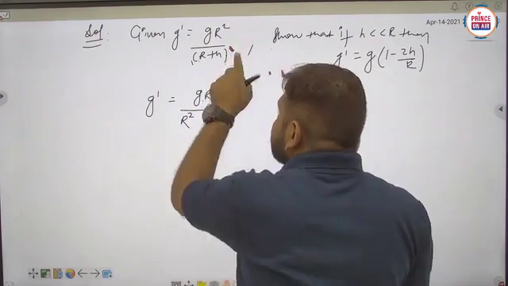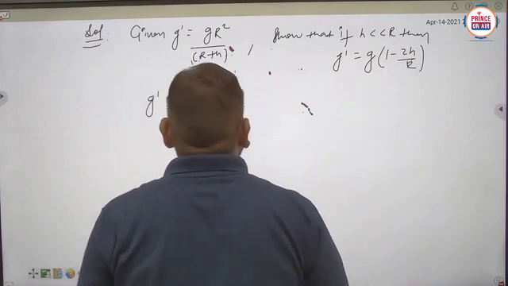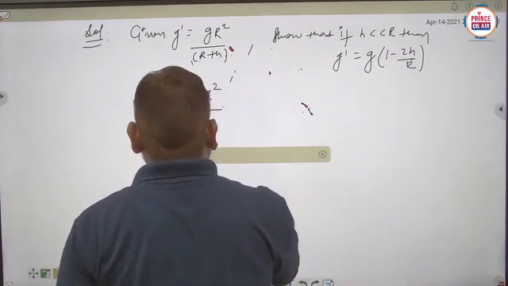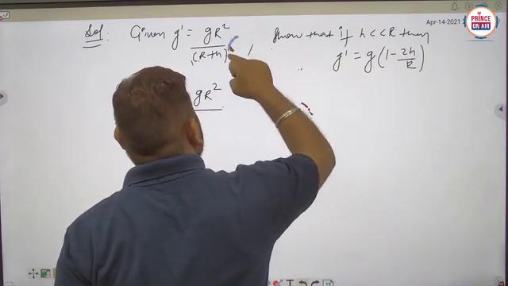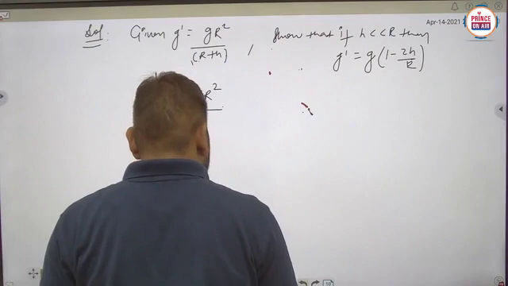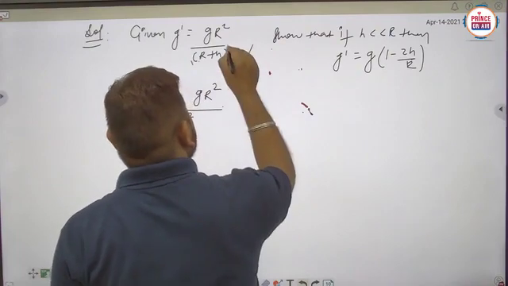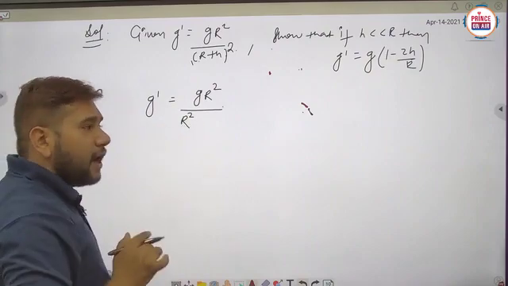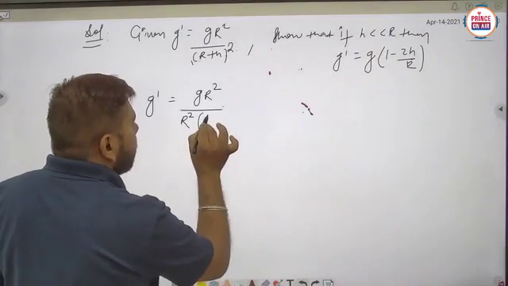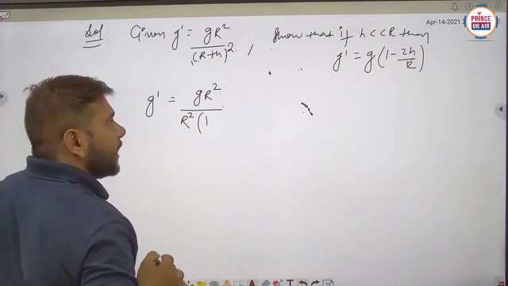But in this case, when I take r common, it will be r square, because here the power is 2. So when I take r common, it will be r square. 1 I have taken common.